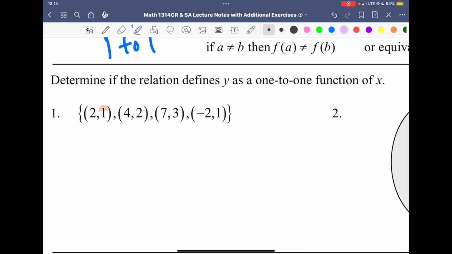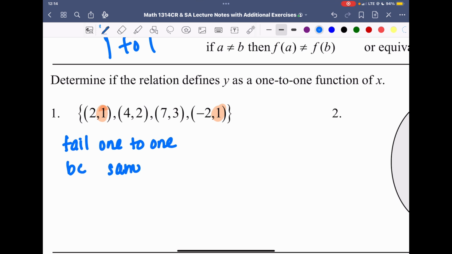So let's talk about this. It is right here that we know our function is not one-to-one because I have the same y but a different x. So this is a fail of one-to-one because we have the same y with a different x.